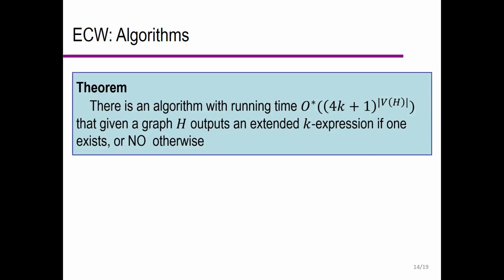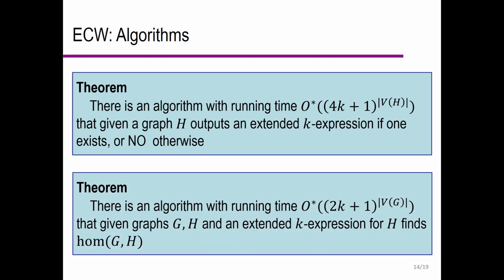Okay, how do we solve problems over graphs of bounded extended clique width? Well, we proved two things. First of all, we show that there is a plane exponential time algorithm that, given the graph, outputs either an extended k expression for this graph, if it exists, or returns null if there is none.